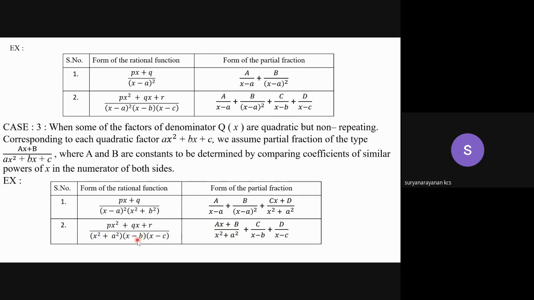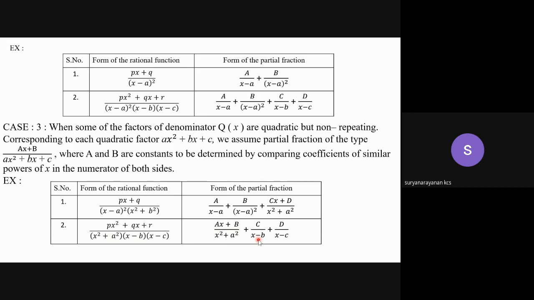So corresponding to this non-repeated linear factor, we wrote a partial fraction. What is the partial fraction I wrote? C by x minus b, sir. Yes, C by x minus b.